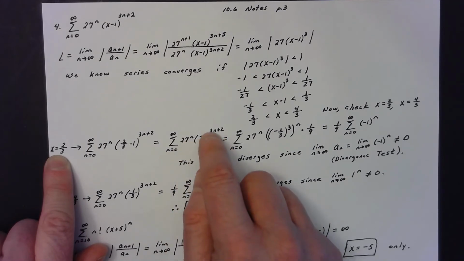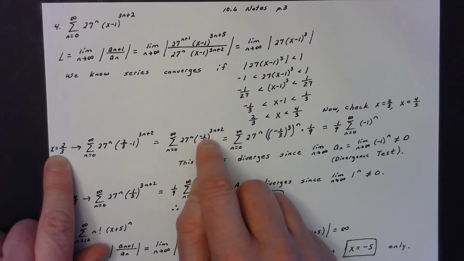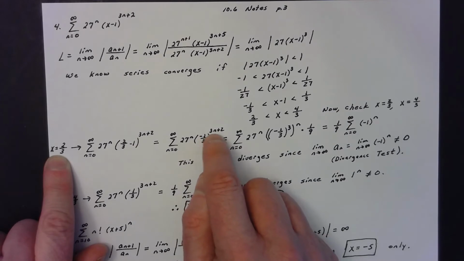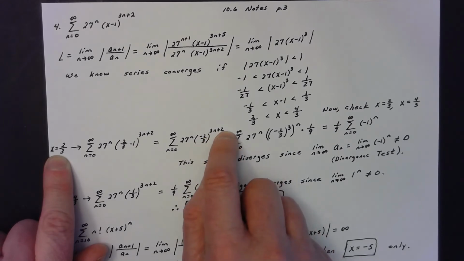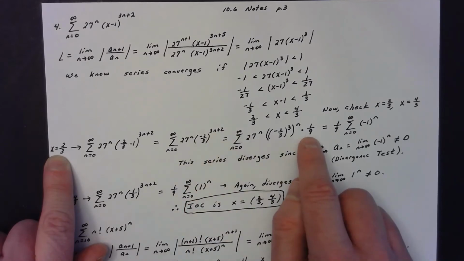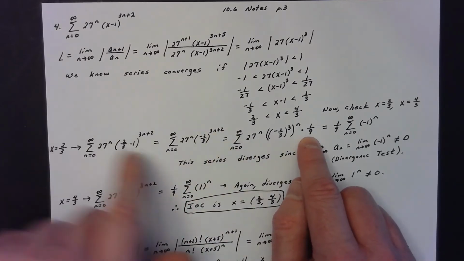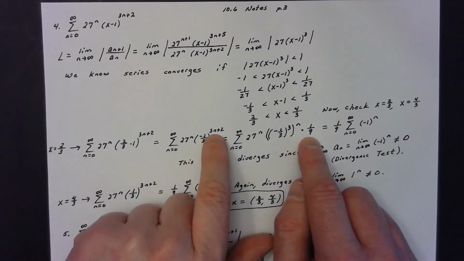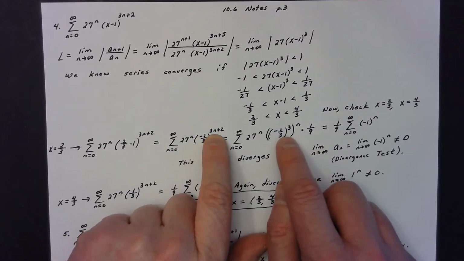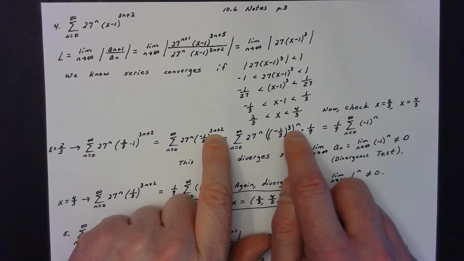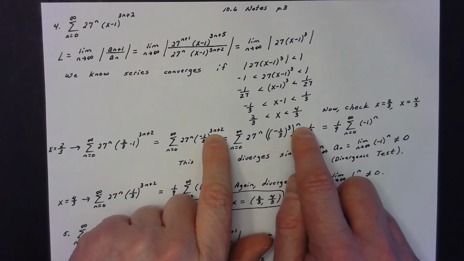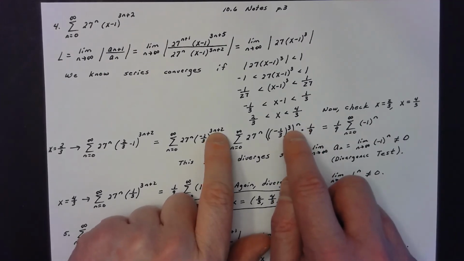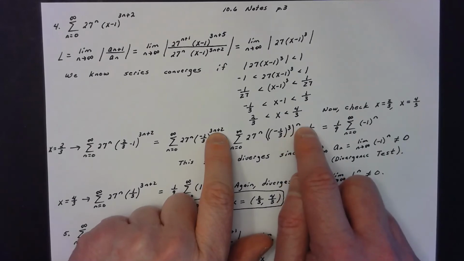I know that negative 1/3 to the 3n plus 2 can be thought of as negative 1/3 to the 3n times negative 1/3 to the second. Negative 1/3 to the second is just going to give me positive 1 over 9. And that negative 1/3 to the 3n power, I can break down as negative 1/3 cubed raised to the n, because remember, power to power, you multiply, which gives you back your 3n power.